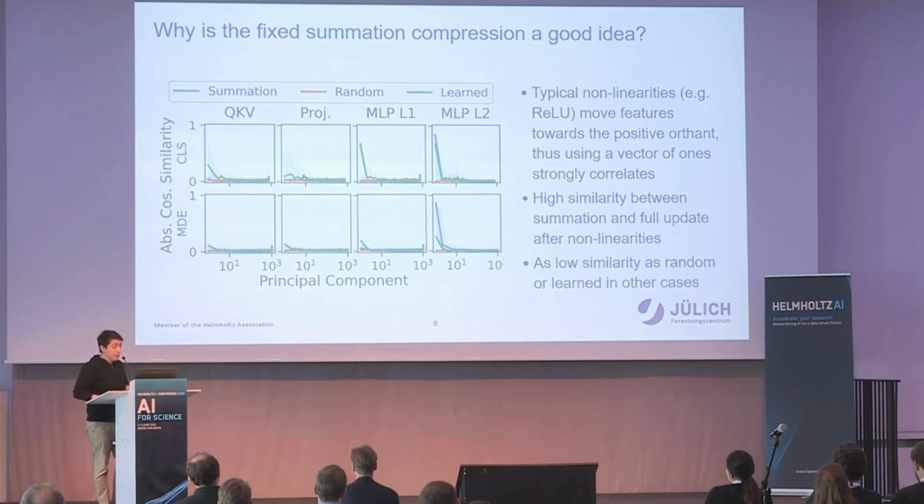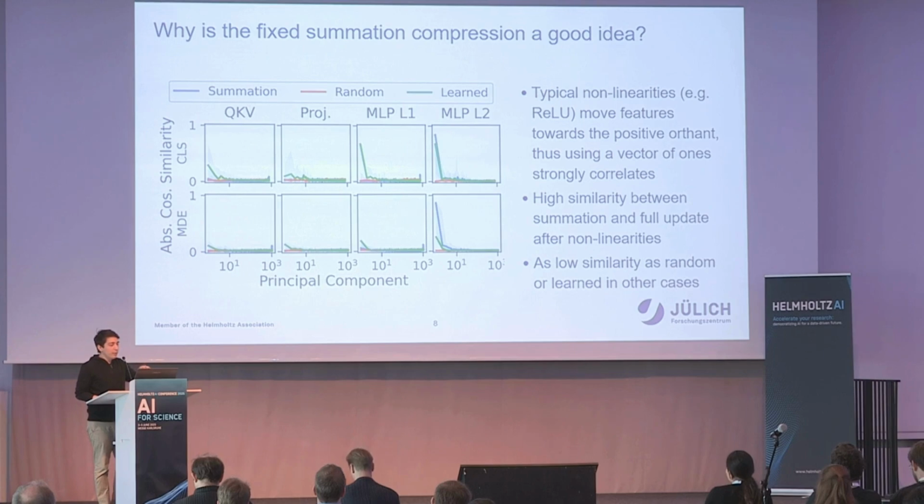We test this empirically. On top is classification, on bottom is monocular depth estimation. This shows the absolute cosine similarity to the principal components of the full update. The similarity is computed between the summation, so the sum vector, a random vector, or the learned vector of LoRA with rank 1, and the principal component of the full update.